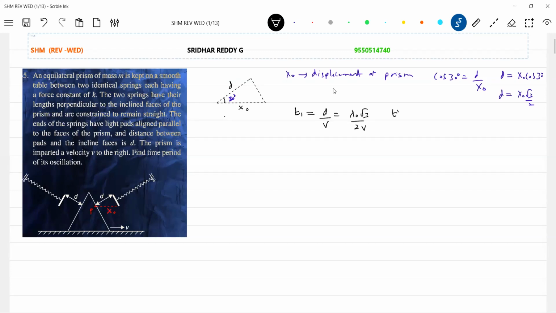What is the time taken by the prism to strike the spring?